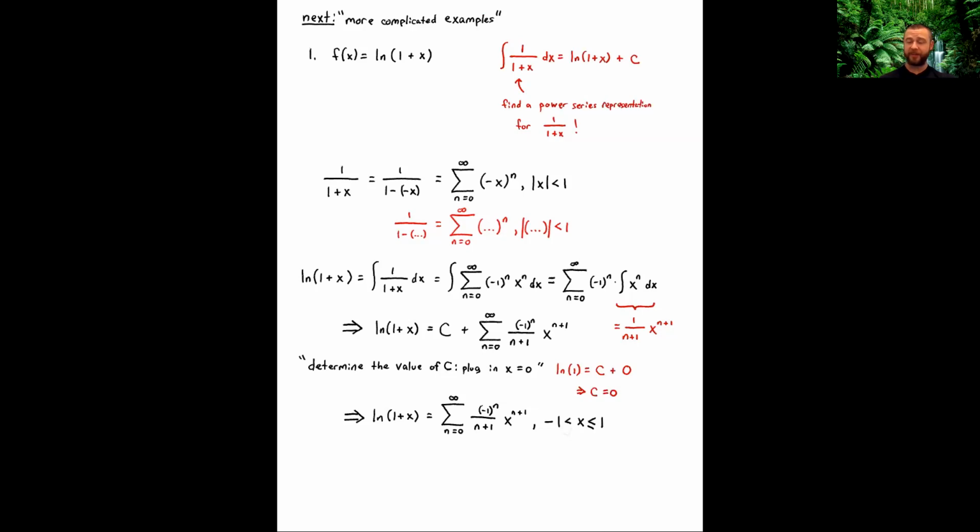If you check by plugging in your endpoints, you'll actually find this power series representation does converge when x equals 1. You basically have the alternating harmonic series when you plug in x equals 1, and the alternating harmonic series converges. So we can modify our interval of convergence to include the right endpoint, x equals +1.